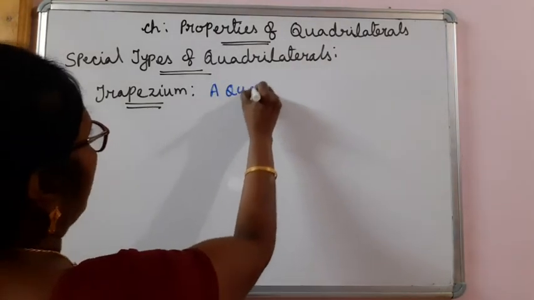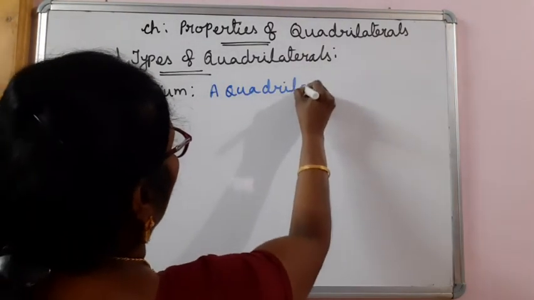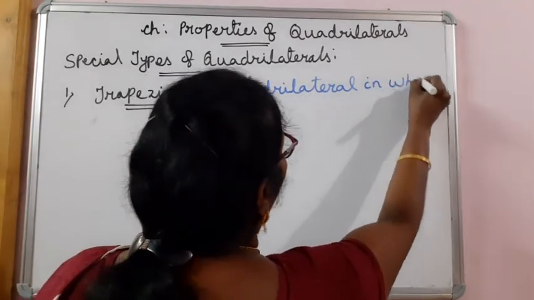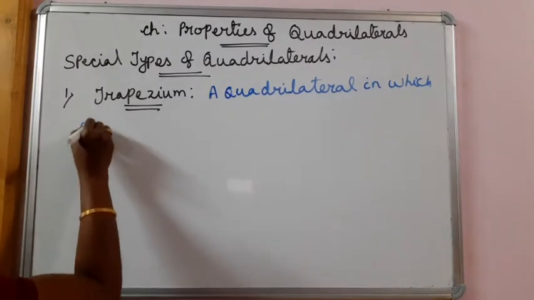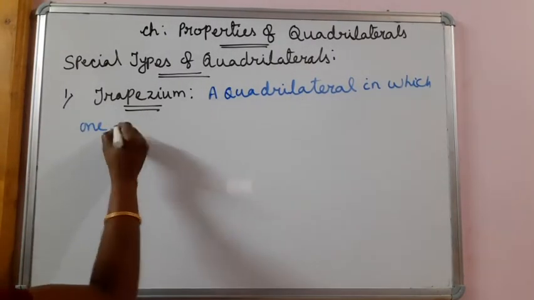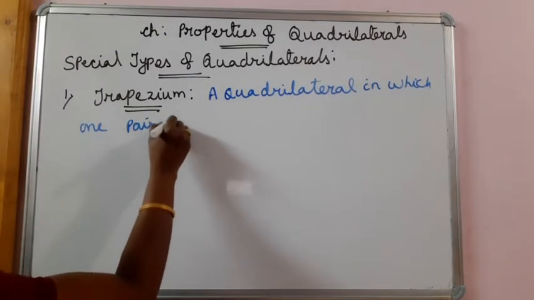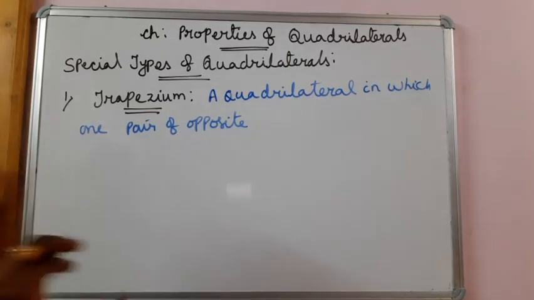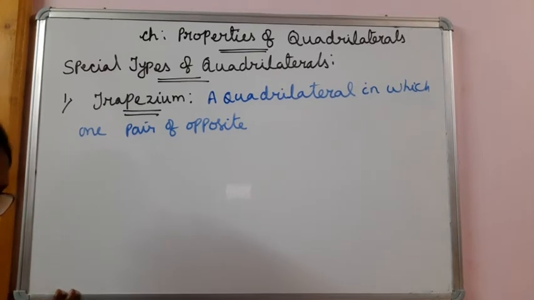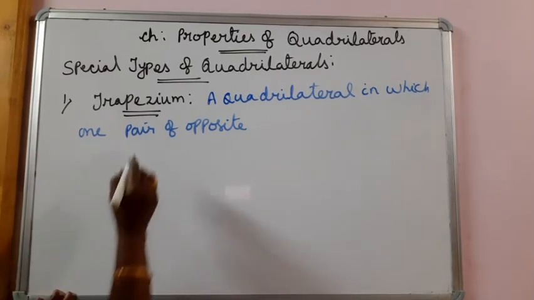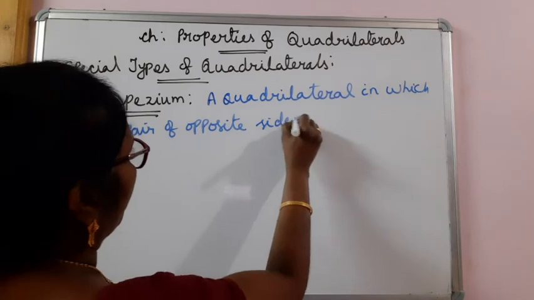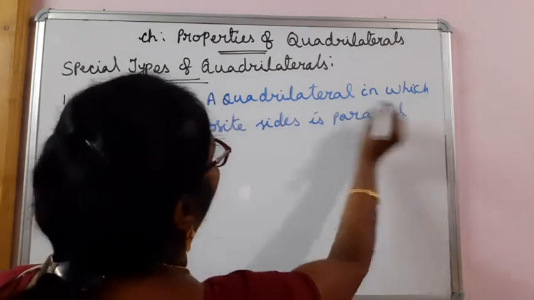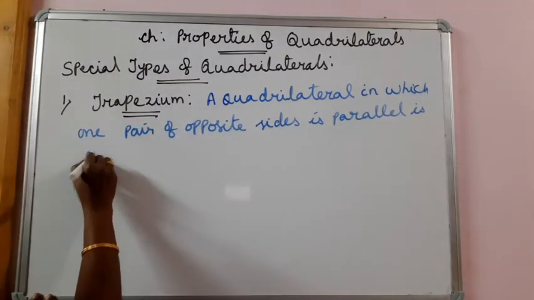A quadrilateral in which only one pair of opposite sides is parallel is called a trapezium.